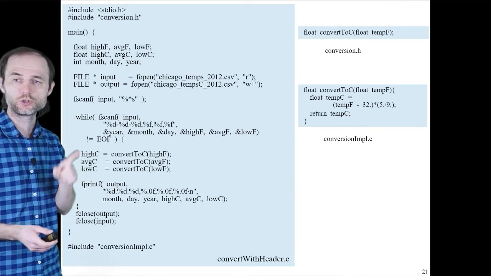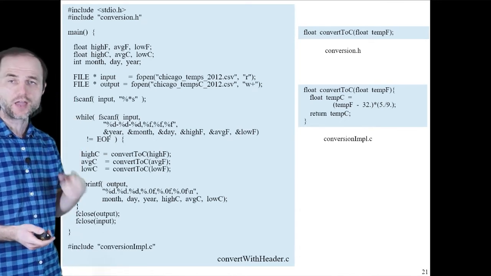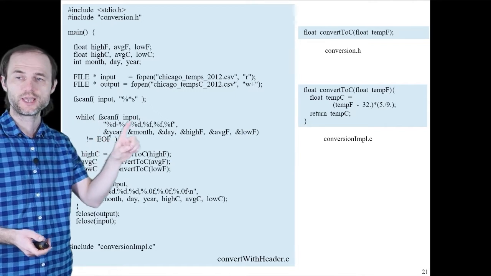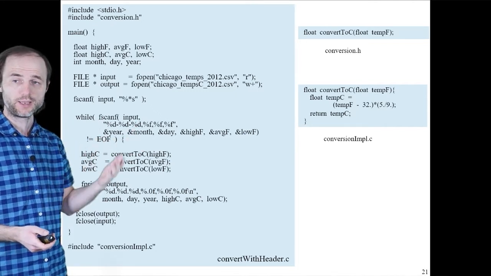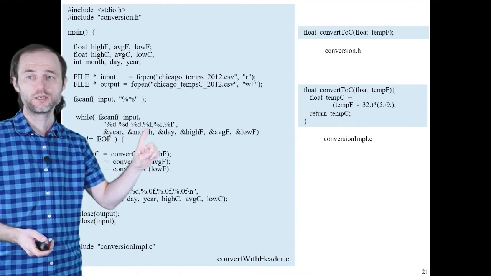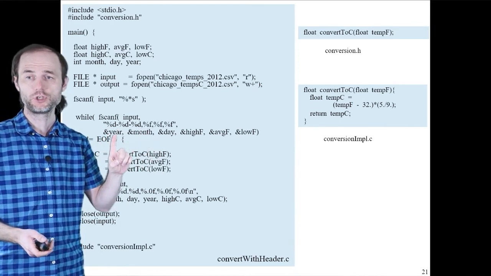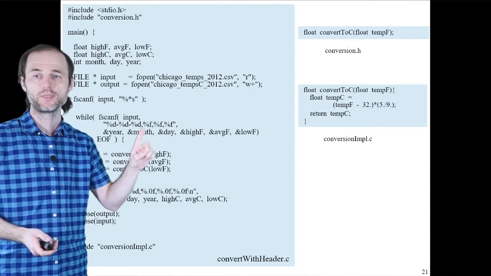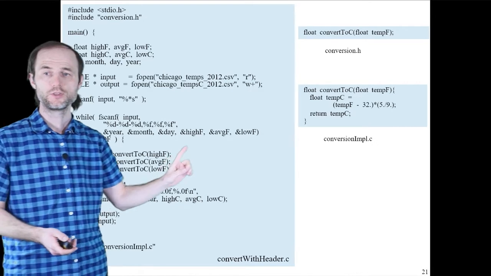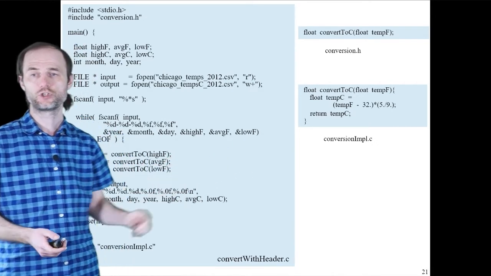And then we're going to go through every line using the while loop. So while loop will scan a line for the date, including the year, month, and day, and then for the three values of temperature, the high, average, and low temperature in Fahrenheit.